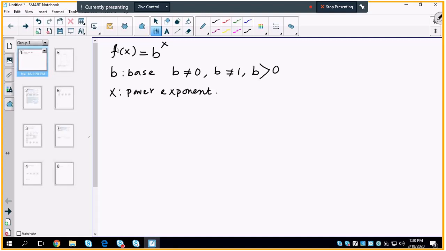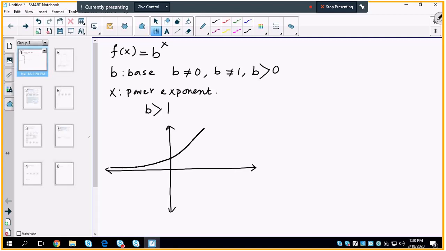Let's first talk about exponential functions graphically. There are two possibilities for the graph of an exponential function. If the base is greater than 1, then the graph of the exponential function always maintains the similar pattern of the one that we're going to draw now.